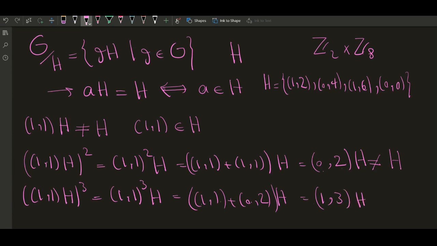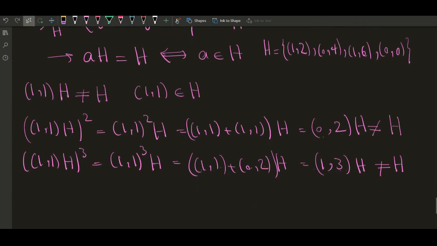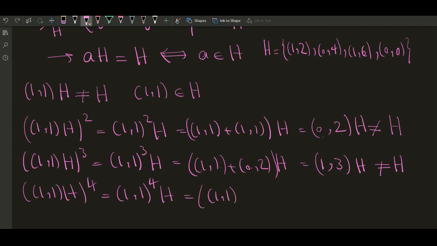As you see, (1, 3) doesn't belong to H. So (1, 3)H is not equal to H, it's not equal to the identity element. So the order of (1, 1)H is not 3. Now we calculate (1, 1)H to the fourth power, which is equal to (1, 1) to the fourth power H. And this is equal to (1, 1) plus (1, 3), H.